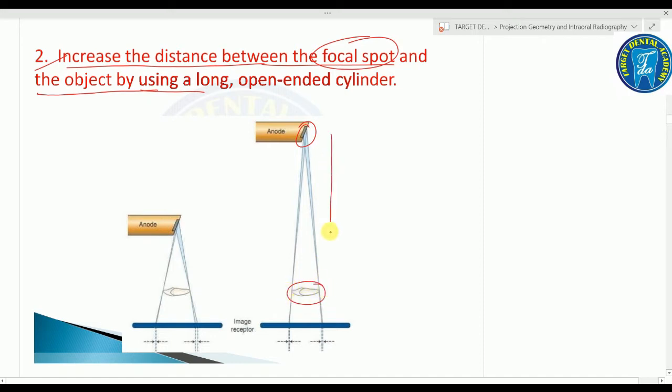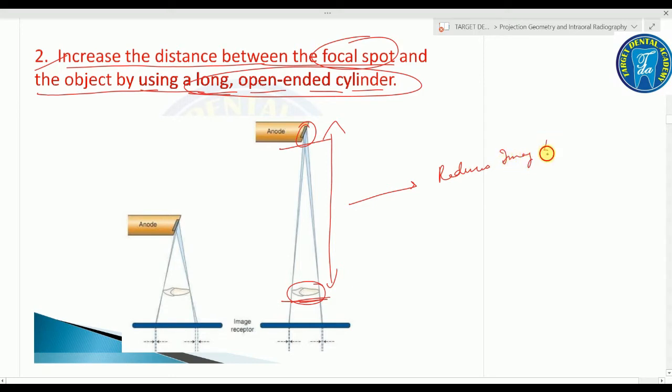By increasing the distance between the focal spot and the object, by using a long open-ended cylinder, a very important commonly asked question, it reduces the image blurring by reducing the divergence of the X-ray beam.